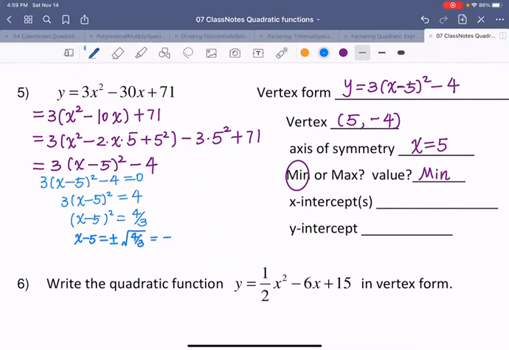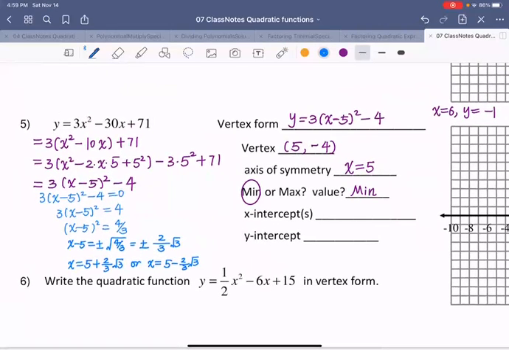X minus 5 equals plus or minus the square root of 4/3. You want to multiply by 3 for the denominator. So x equals 5 plus or minus 2/3 times the square root of 3.